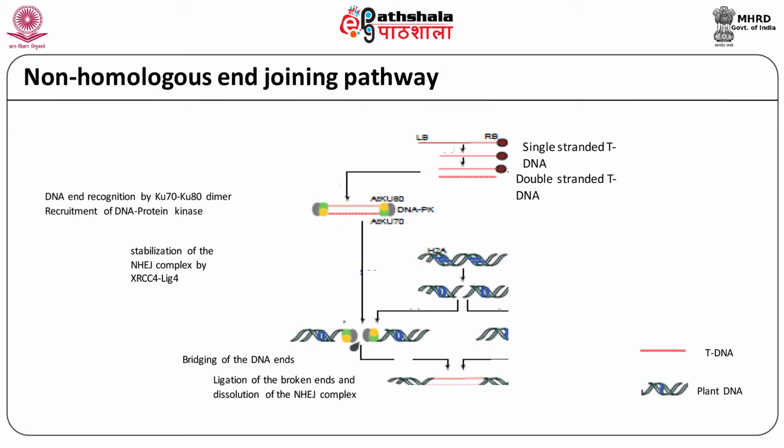An X-ray repair cross-complementing protein 4, that is XRCC4, involved in bridging DNA for ligation, and a DNA ligase LIG4 stabilize the NHEJ complex, bridge the DNA ends and ligate the tDNA into the plant genomic DNA. Integration mainly occurs via the NHEJ method.